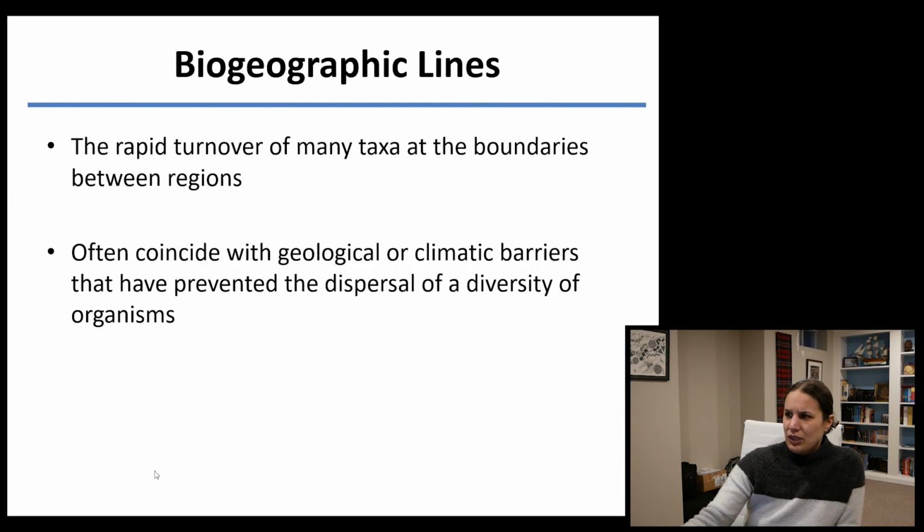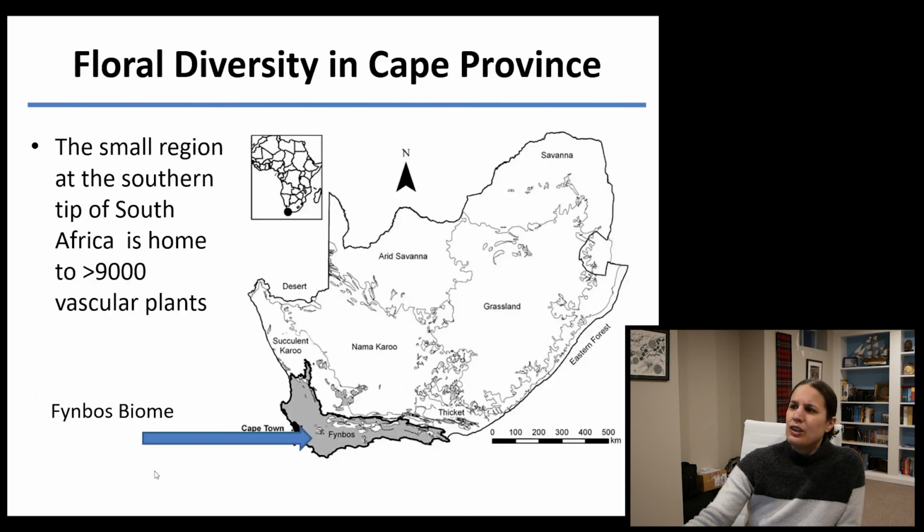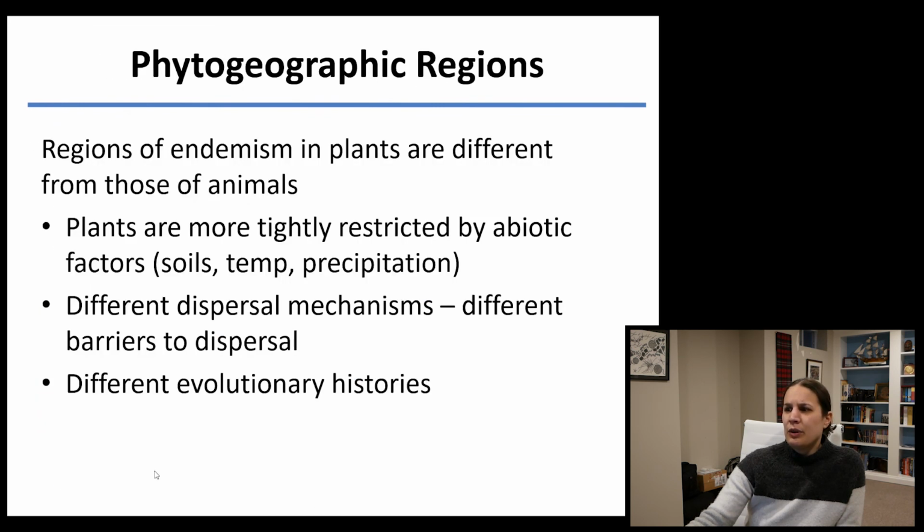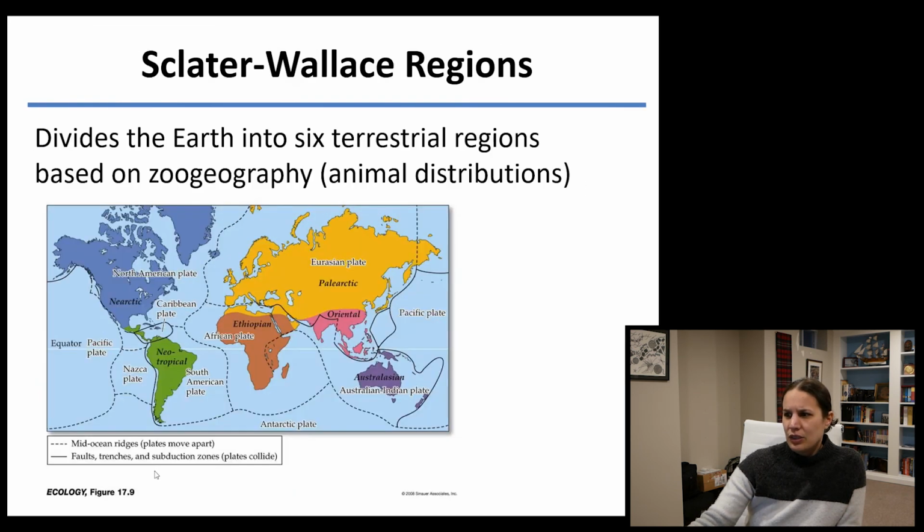I'm just going to finish our discussion on barriers. I'm going to go all the way back to the first map that I showed you, where you can see the 6 terrestrial regions that are divided based on zoogeography. Again, I want you to pause the video, and I want you to look at the boundaries between these regions, and see if you can figure out what the barrier might be that is separating those regions.